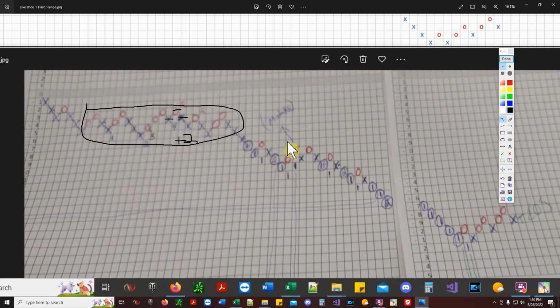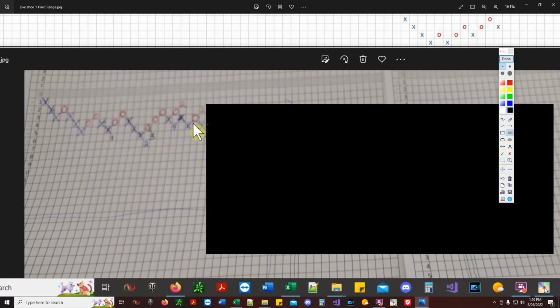But as sloppy as I was doing my writing, and I do consider this a little sloppy, make sure your charts are neat, especially if you're in a live casino and you're handwriting. Without seeing this ahead, when you start to see this, it's called playing the far right edge.